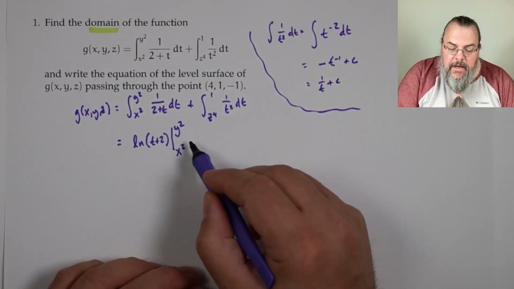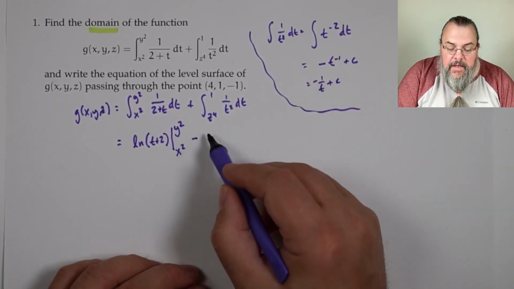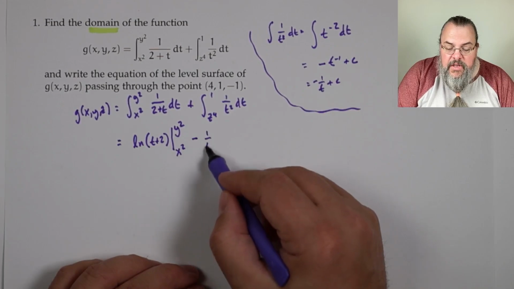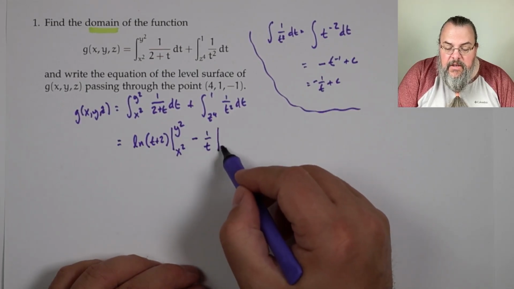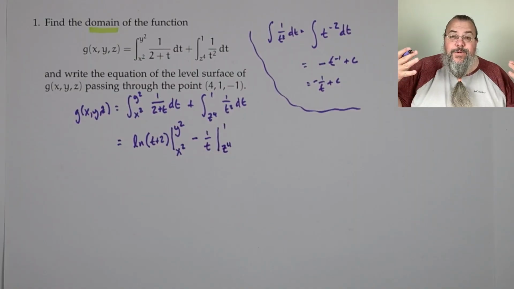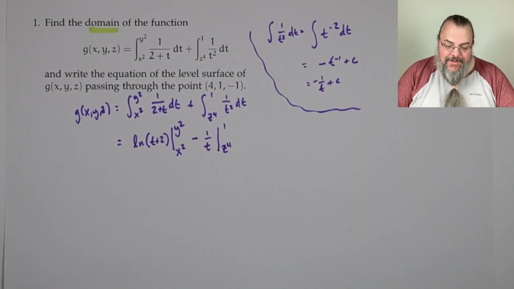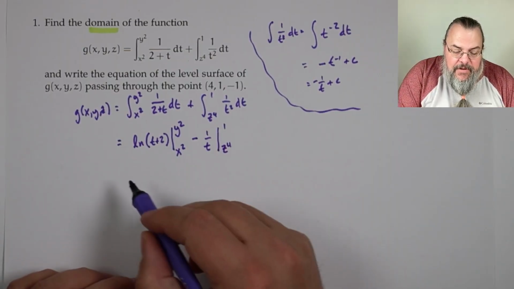So what do we have? We have minus, whoops, I forgot my minus there, minus 1 over t, evaluated, these are definite integrals, z to the 4th to 1. So on a side note, what we're doing here is applying the fundamental theorem of calculus. All right, now we're not done yet. We plug stuff in.